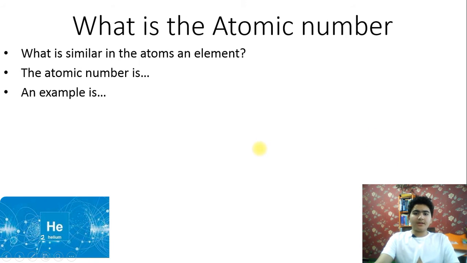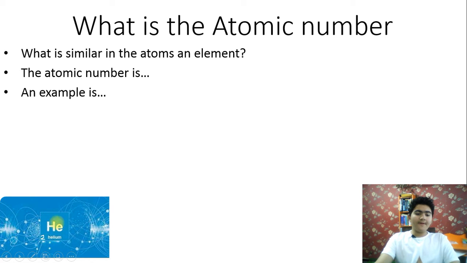The atomic number is written as a subscript to the left of the symbol for the element. As you can see in this picture, it is written He2.